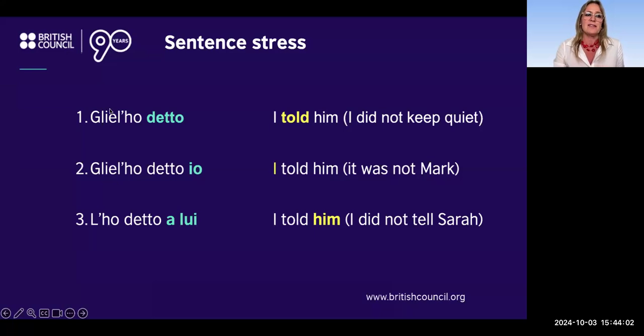In Italian, for instance, you would rearrange the sentence structure, say gliel'ho detto, gliel'ho detto io, l'ho detto a lui. So stress always falls in the final part of the sentence, and we change the structure. Whereas in English, we have to rely on intonation.